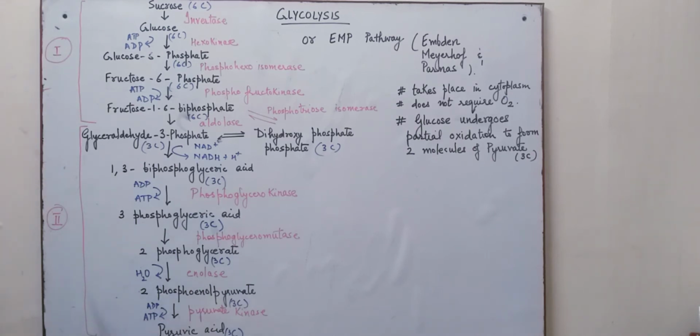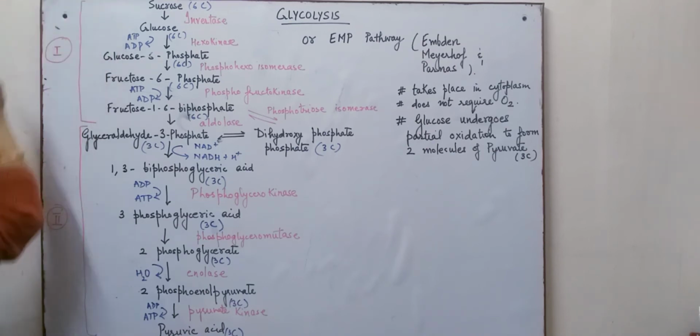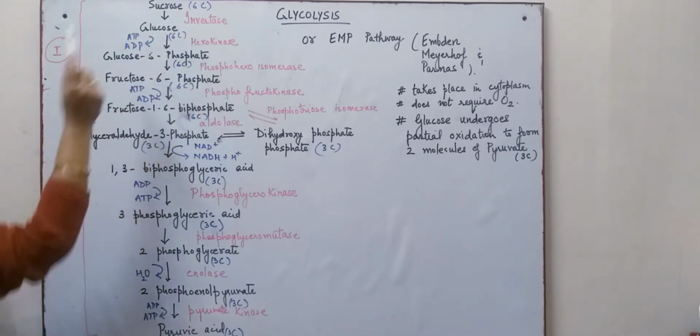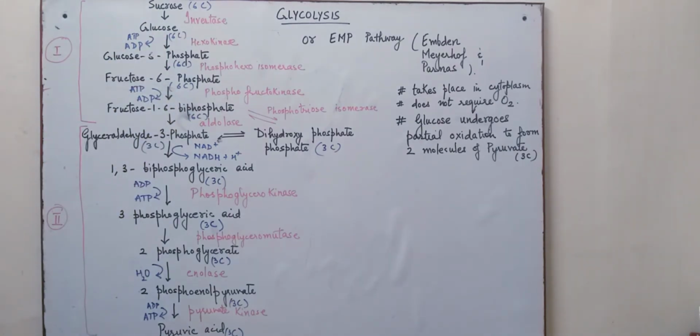The entire process of glycolysis happens in 10 steps, and each step is guided by enzymes. So there are 10 steps to the glycolysis process, and there are 10 enzymes which are involved in the process of glycolysis. So the first step involves the conversion of sucrose, that is the product of photosynthesis, into glucose in presence of an enzyme invertase.